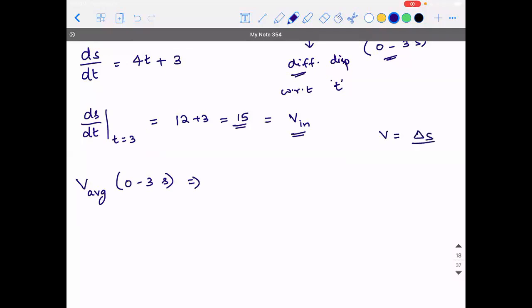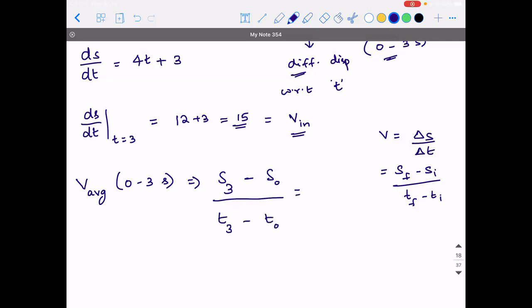It is the rate of change of displacement, delta S by delta T. So S final minus S initial divided by T final minus T initial. So I need to find the displacement at 3 seconds minus the displacement at 0 seconds, divided by time at 3 seconds minus time at 0 seconds.